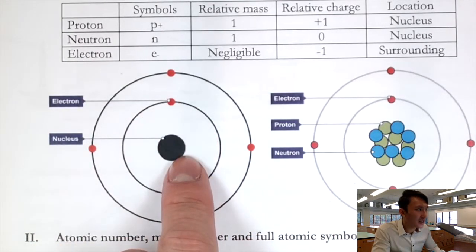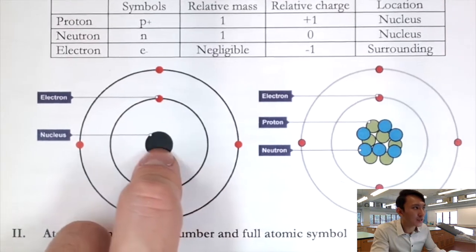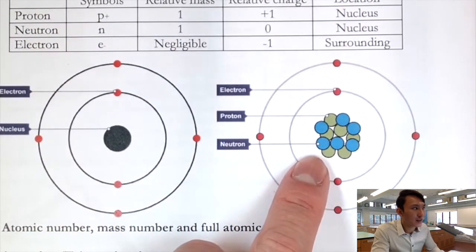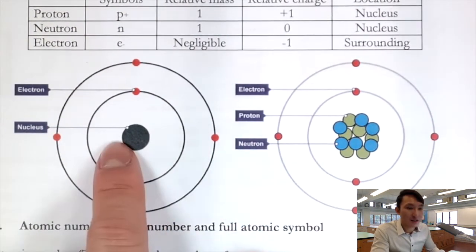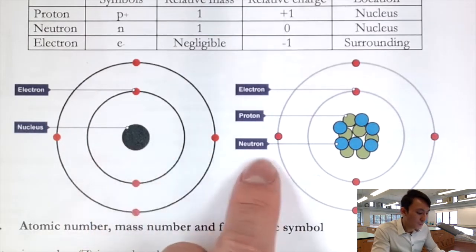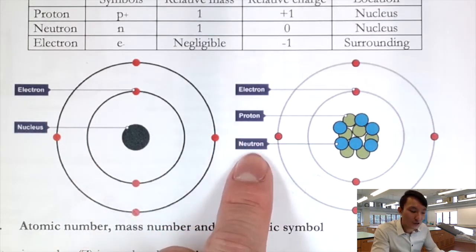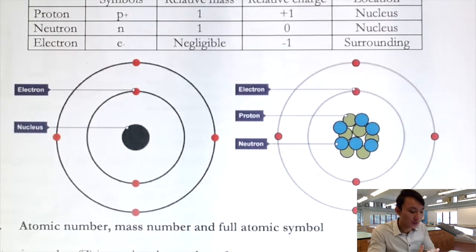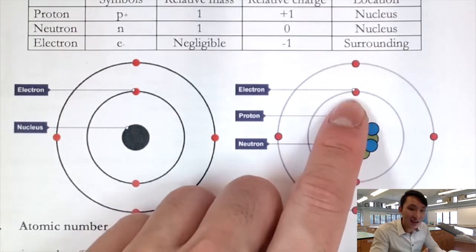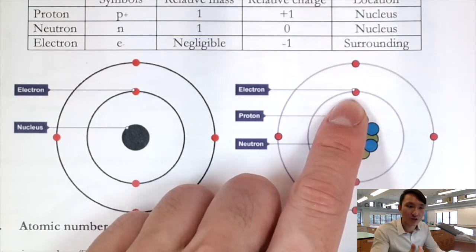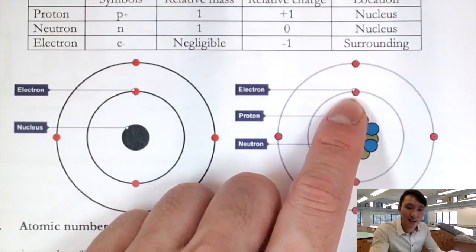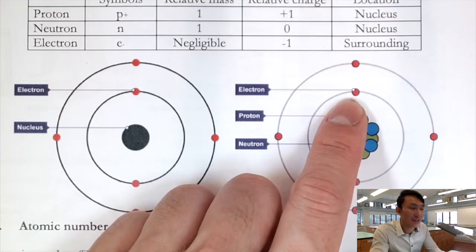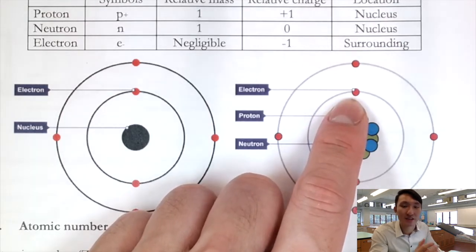If we further break it down, the nucleus is made of proton and neutron, located at the center of an atom. On the other hand, the electrons are moving around the surrounding of an atom. So electrons on the outside, proton and neutron on the inside.